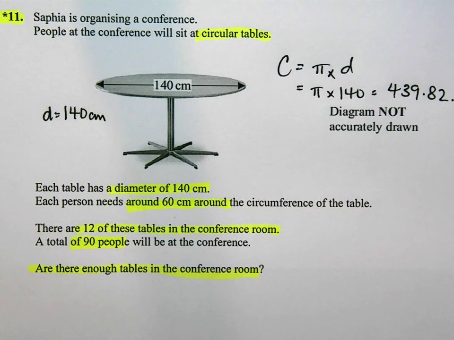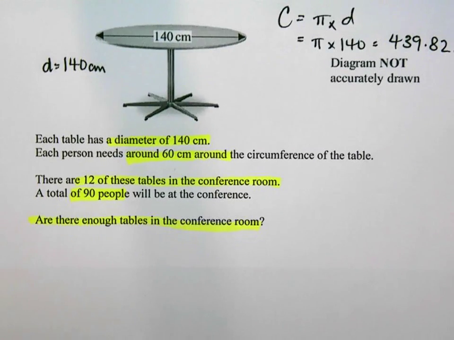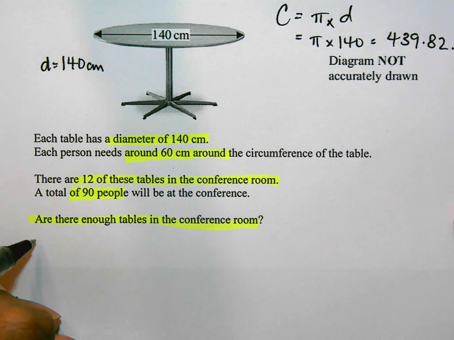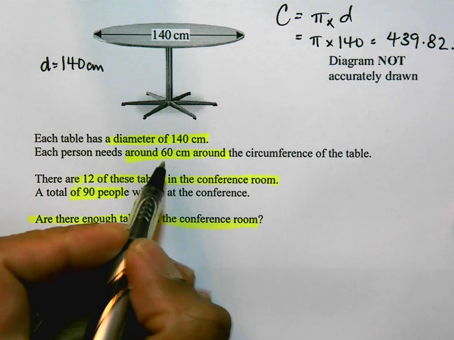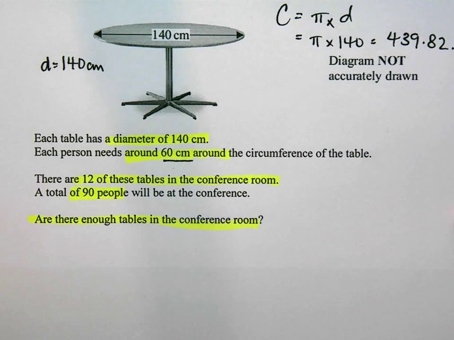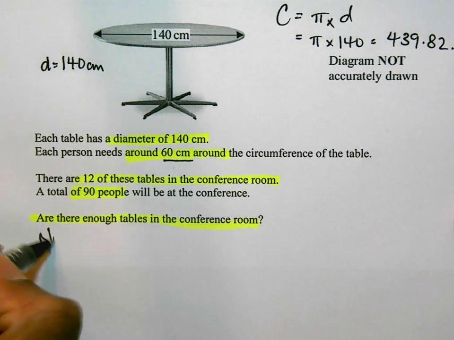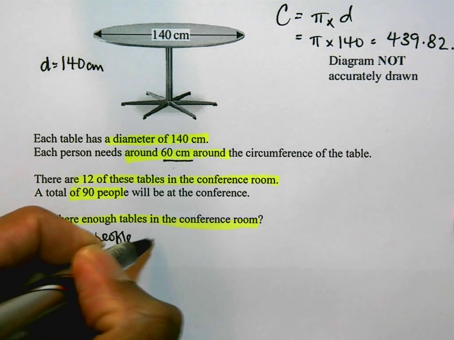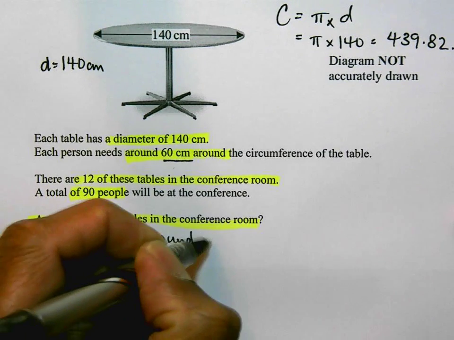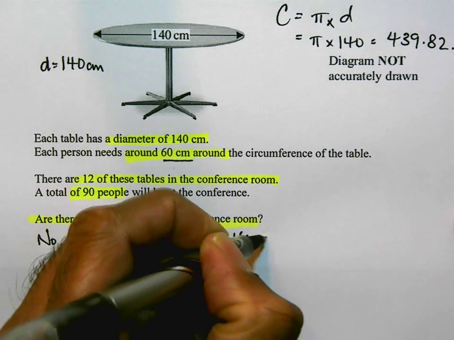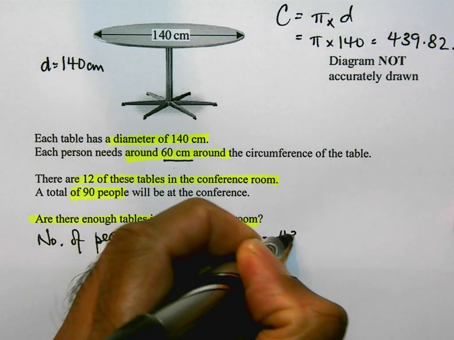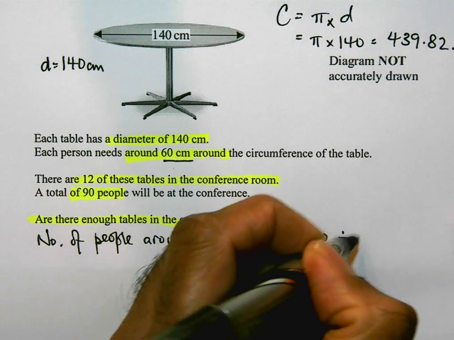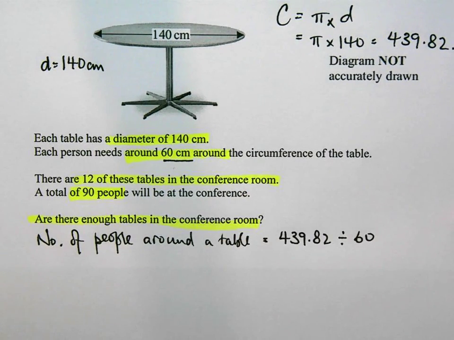Now, if we think about what the question is asking us to do in this particular situation, we need to think about how many people are going to fit around the table. Each person needs about 60 centimeters. So the number of people around a table is going to be the circumference of the table, 439.82, divided by 60, if they each need 60 centimeters.